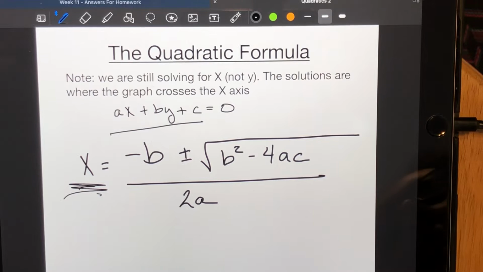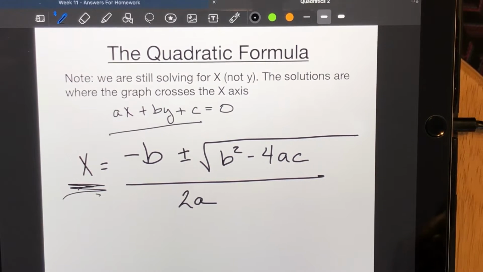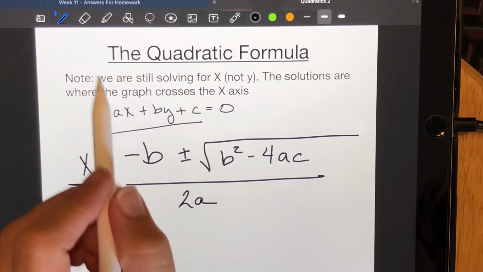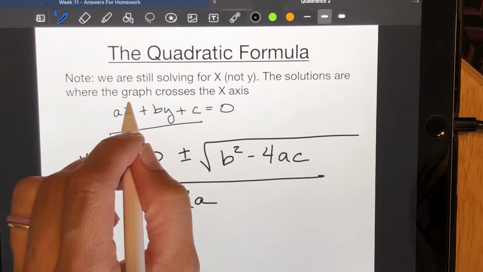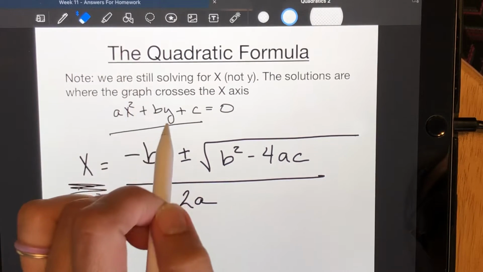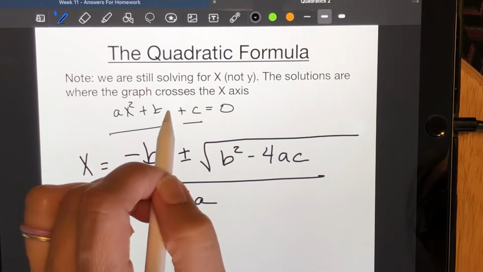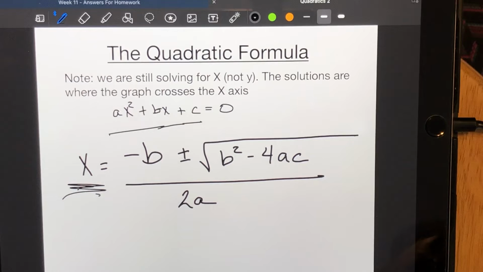And then once it's all on the exact same side, the coefficients are always in order. So we always have A will be our squared term, B will be our non-squared term. So in this case, this should be an x. And then our C will be our constant term.